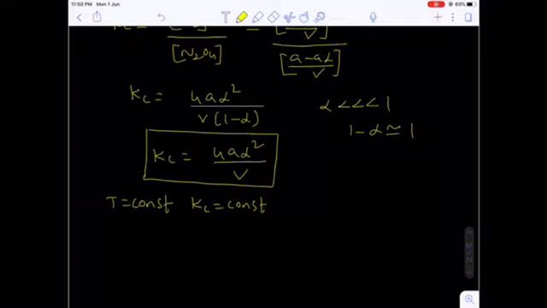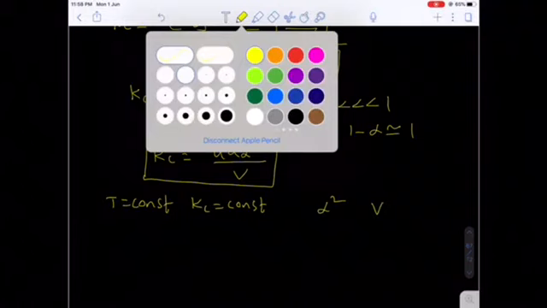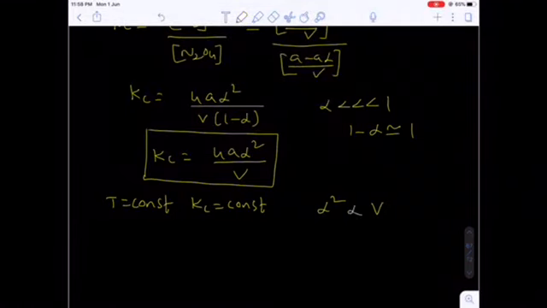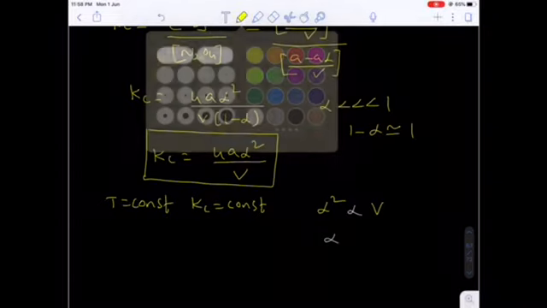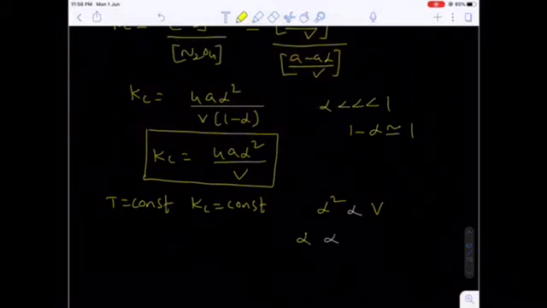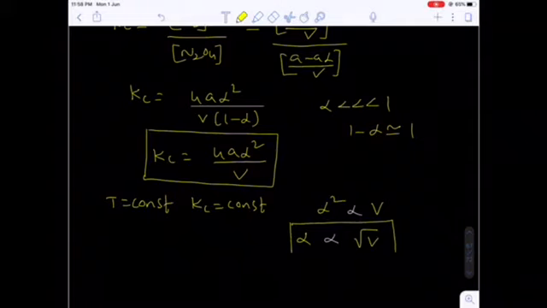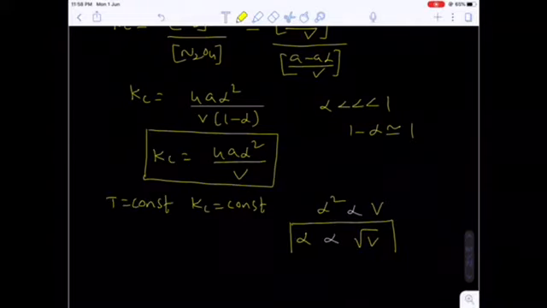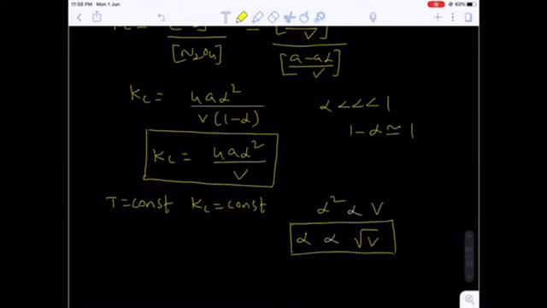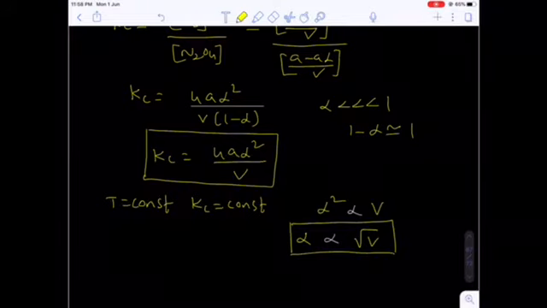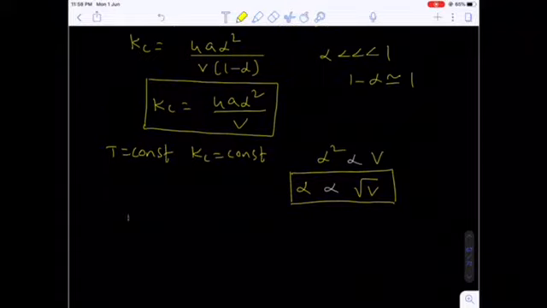On the right side, 4 is a constant, and the number of moles of reactant is also constant. That means alpha square is directly proportional to volume, that means alpha is directly proportional to square root of volume. This is also a very important relation between alpha and the volume of the container.